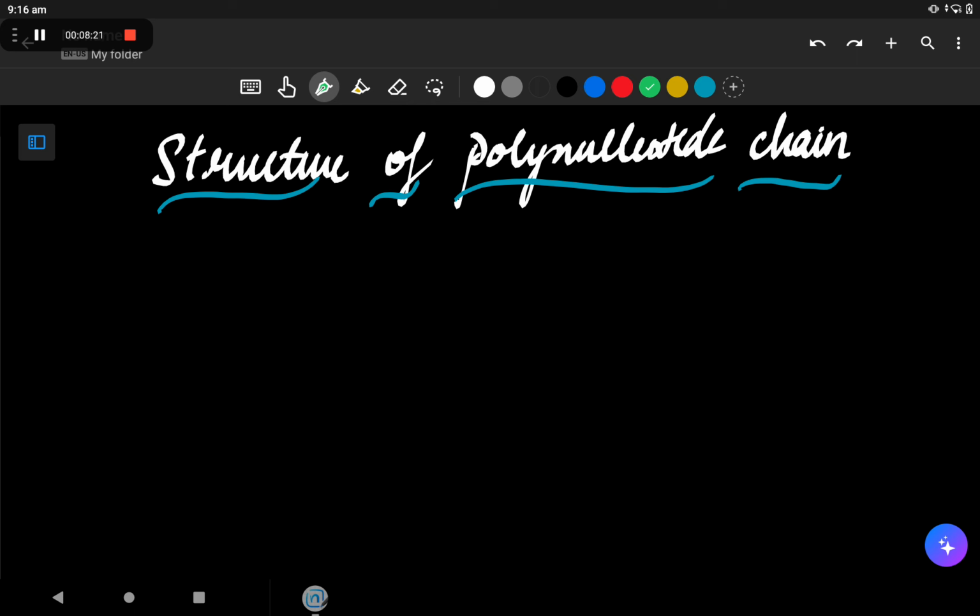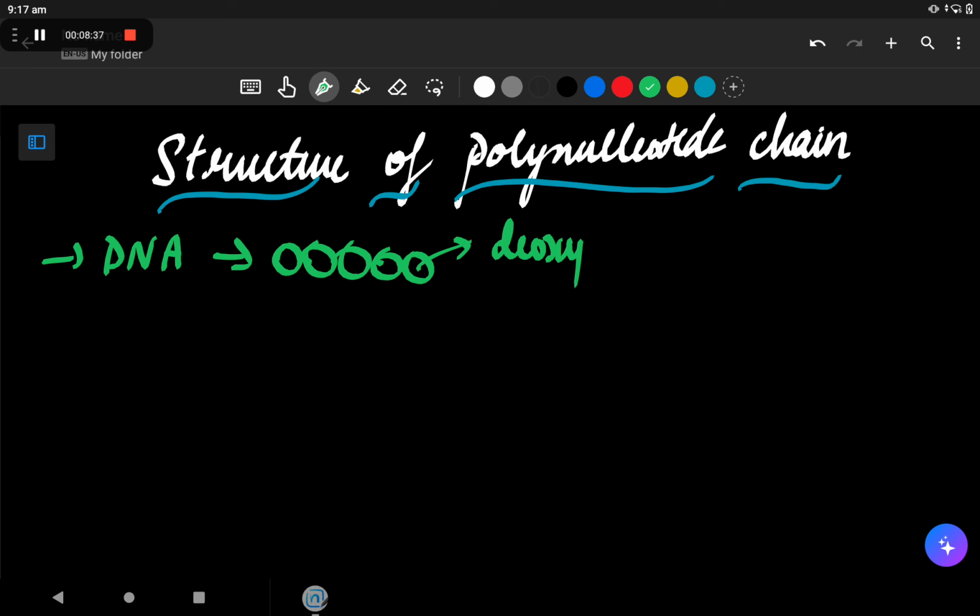Now let us look into the structure of polynucleotide chain. DNA is a long polymer of deoxyribonucleotides. This is what DNA is. Each and every ball here is a deoxyribonucleotide. This one is called DNA. The nucleotides are the building blocks of nucleic acid.